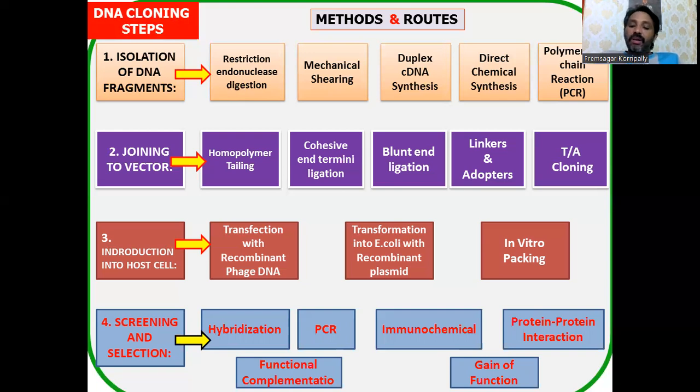These are almost six methods available to screen the recombinants, the recombinants or transformants which provide some trait to the host cell.